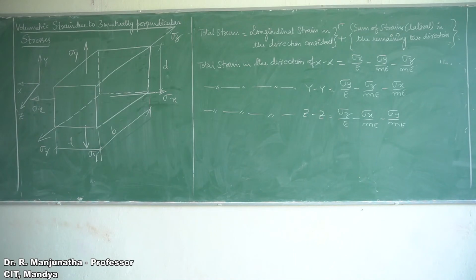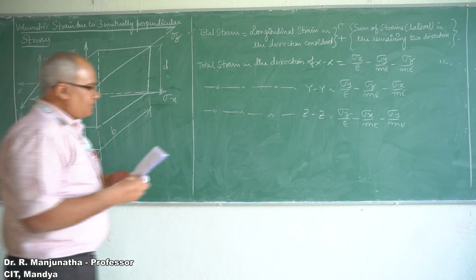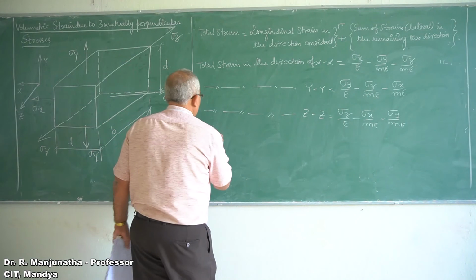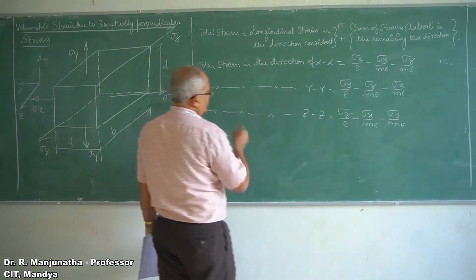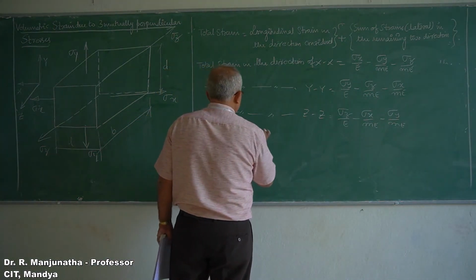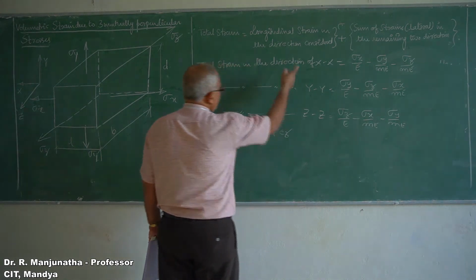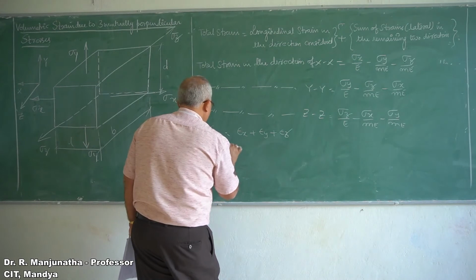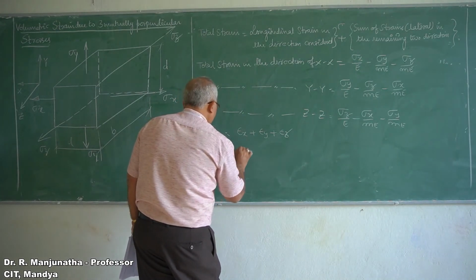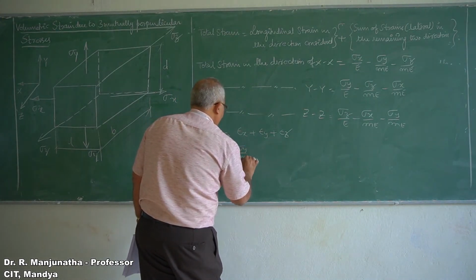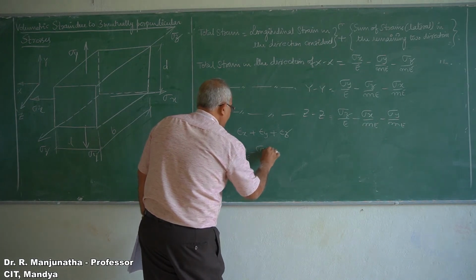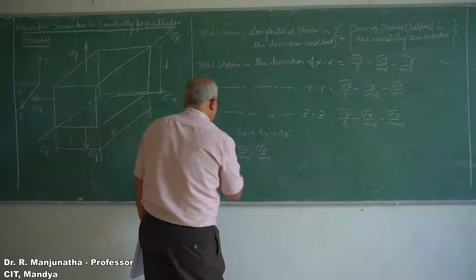Now next we need to find out the volumetric strain. So the volumetric strain epsilon V will be equal to epsilon x plus epsilon y plus epsilon z. According to this, what is epsilon x here? Sigma x by E minus sigma y by m into E minus sigma z by m into E. So this is one thing.